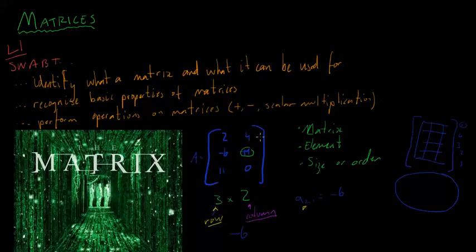So this here is row number 1, row number 2, row number 3, and then column number 1, column number 2. Right, so what we've got is that -6 is in row number 2, column number 1. That's why we say 2, which is the row, and then 1, which is the column.